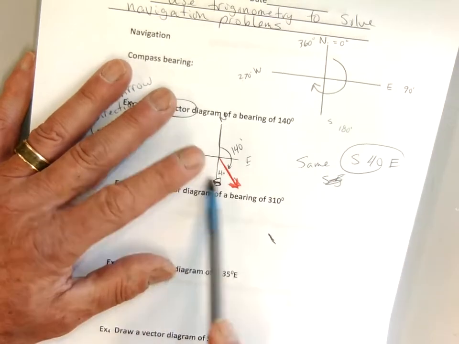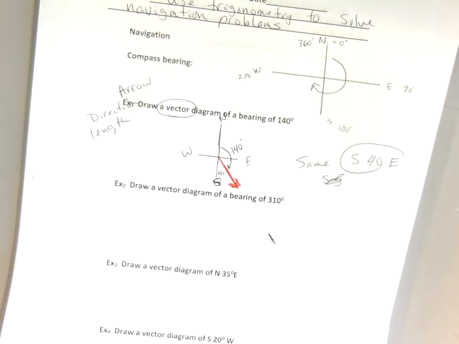So 140 degrees is the same thing as south, and then I want you to see this: south and turn 40 degrees towards the east. See how that works? So same thing is I'm looking south and turn 40 degrees towards the east. Okay? That's bearing. We'll keep doing that so you get familiar with it.